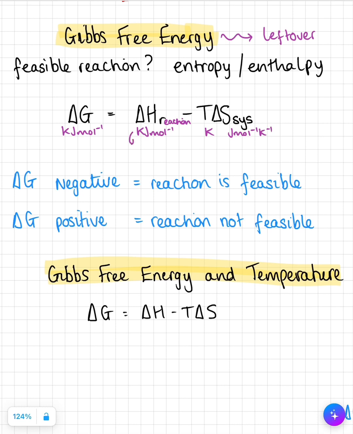So we do need to convert typically the enthalpy into joules per mole by multiplying by 1000, or going the other way, because then we would need to convert our units of Gibbs. So our Gibbs units are kilojoules per mole, so we are going to convert our entropy of system into kilojoules per mole by dividing by 1000.